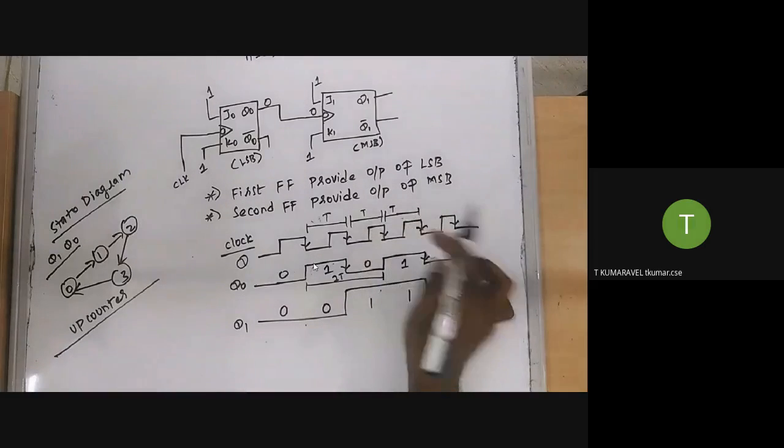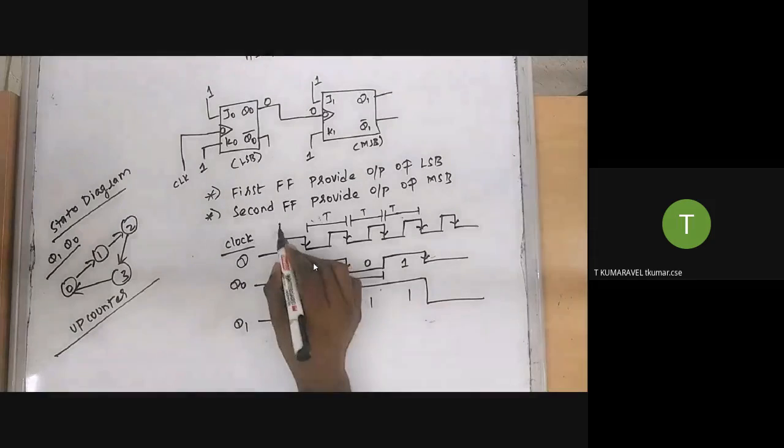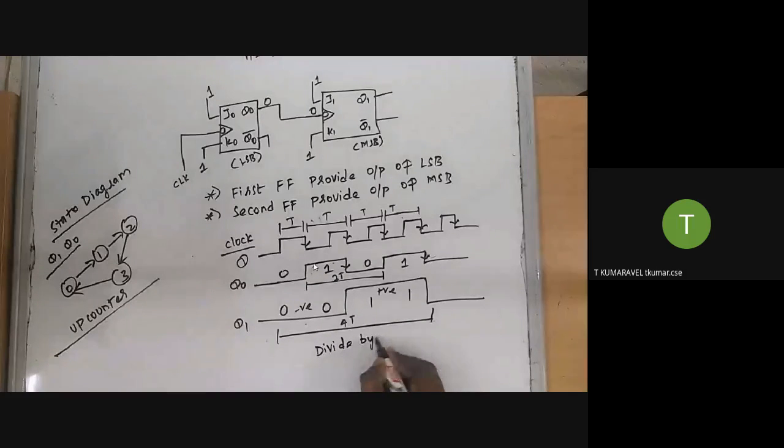This is one negative, this is one positive. This can be denoted as 4t compared with Q. That's why it's called a divide by 4 counter.